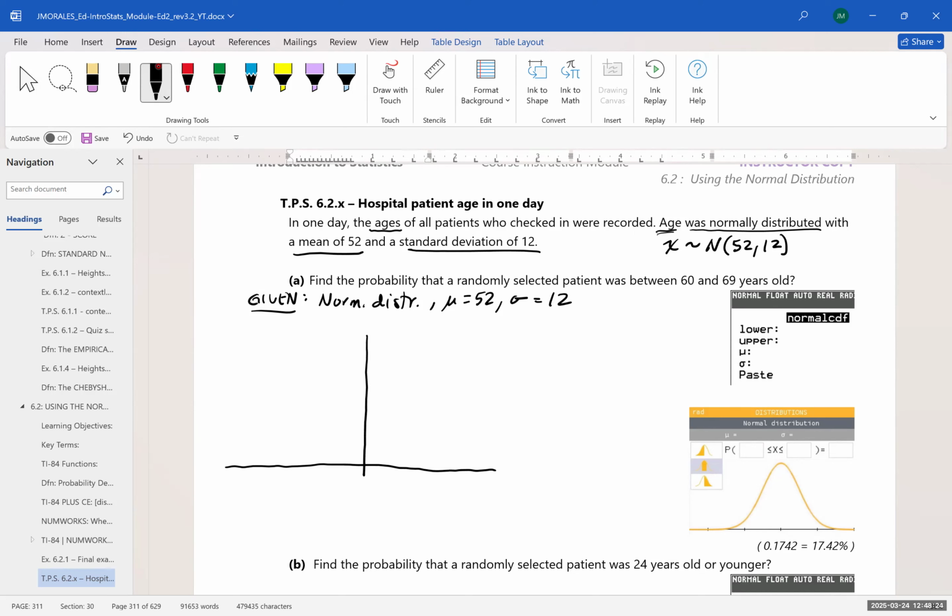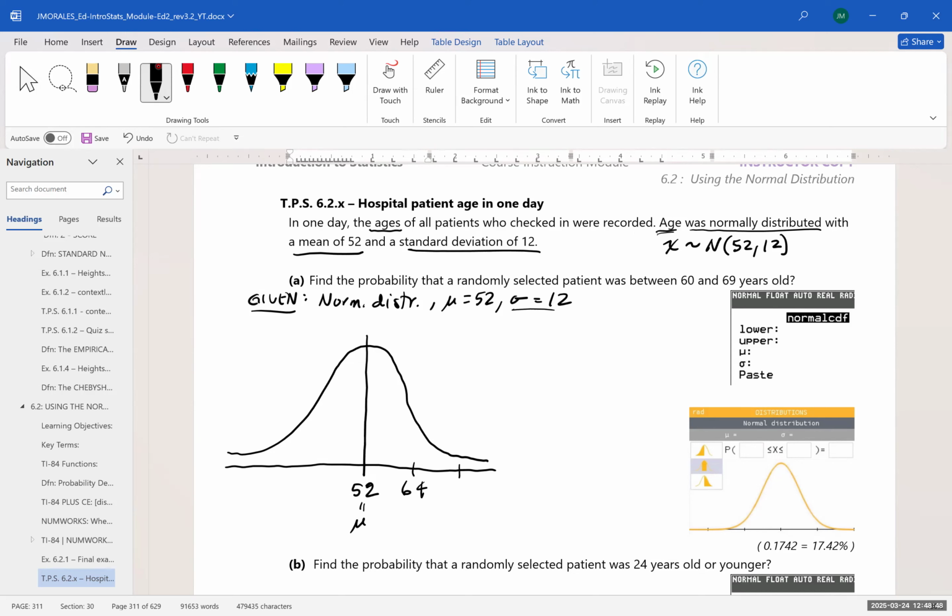All right, so we've got a normal distribution that should be somewhat bell-shaped and symmetrical. Not too bad. With a mean of 52, which is the center of the normal distribution, and we've got standard deviations of 12. So we're going to add 12. If we add 12, we're going to get 64.